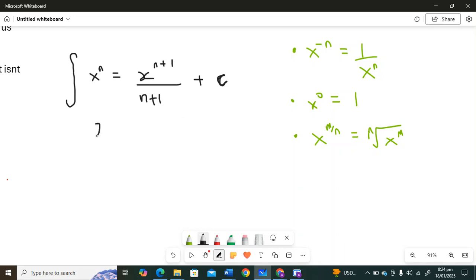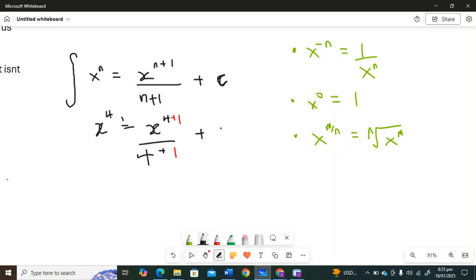All right. So for example, if you have x to the power 4, what this entails is you say x to the power 4 plus 1, divided by 4 plus 1, plus c.